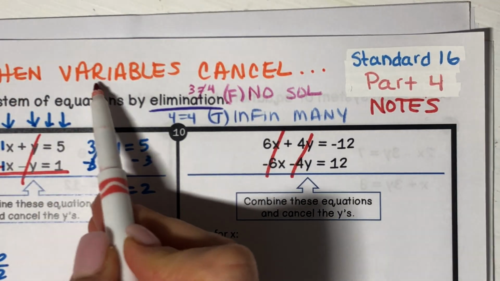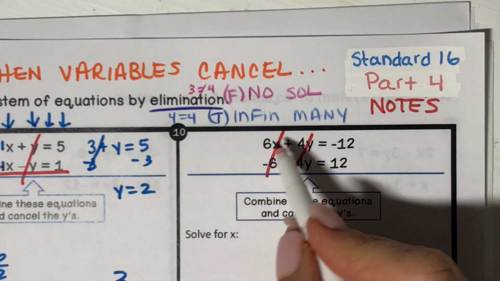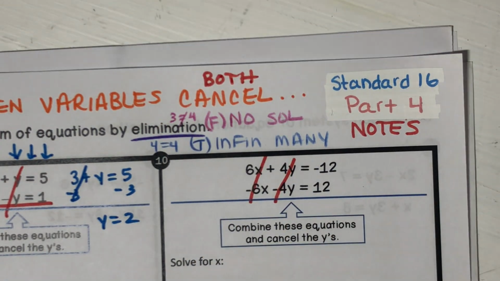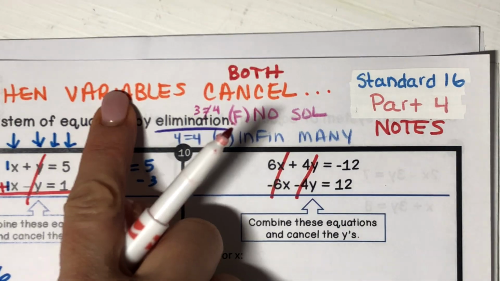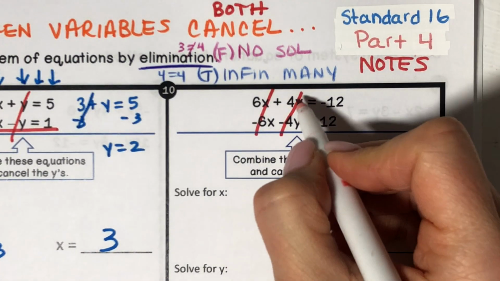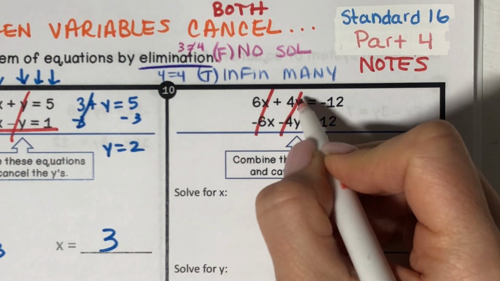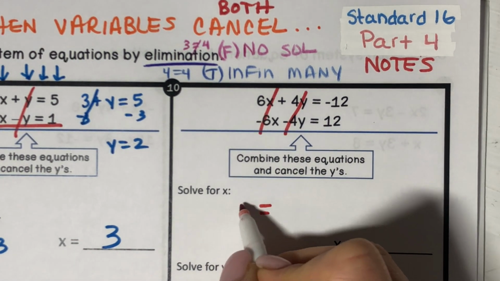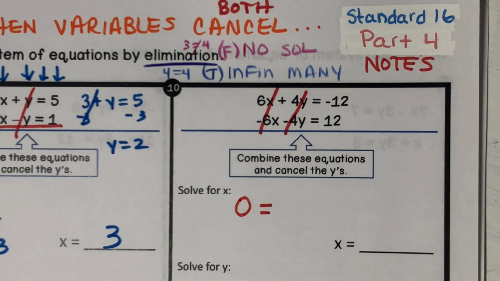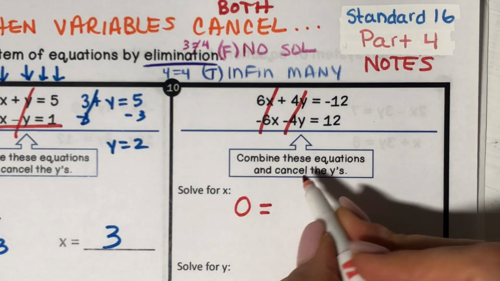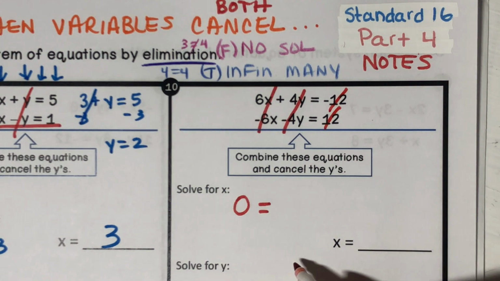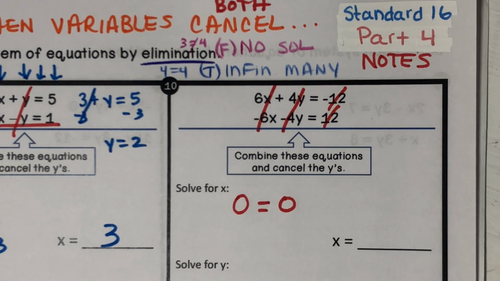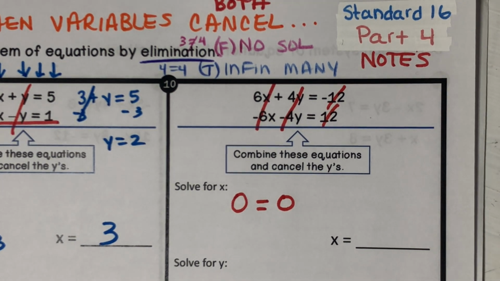So when both variables cancel, you know something's up, because I have 0x, 0y. What's left on this left-hand side of the equal sign? A big fat nothing. Everything wiped out, okay? And what's positive 12 plus negative 12? 0. So my variables are gone.